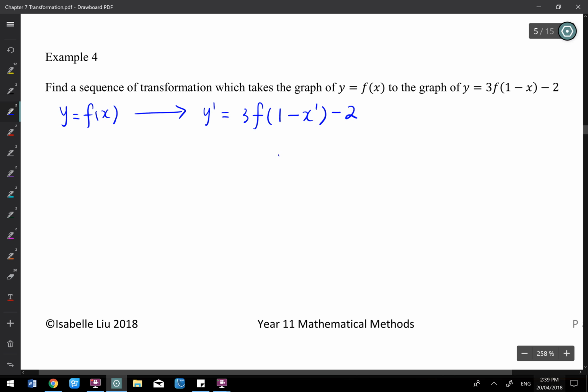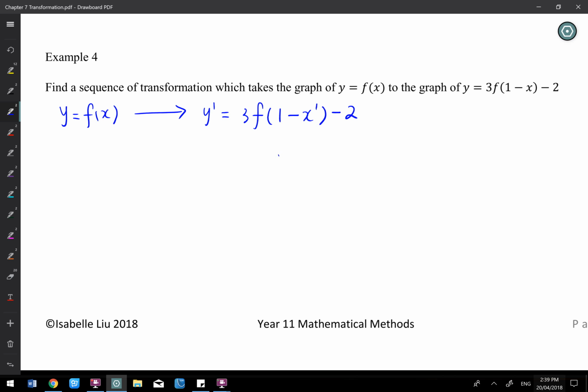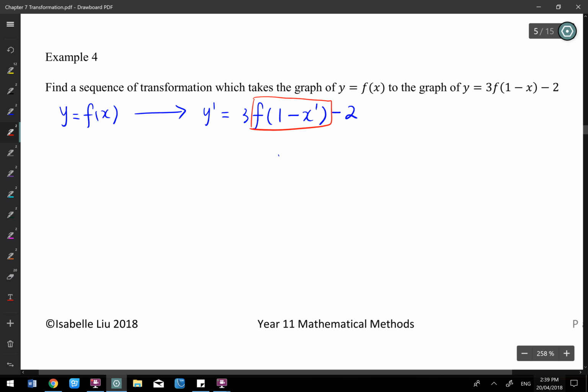This one is not like a square root or square or cubic or cube root. It's not really something given, but it's even easier. The f(x) itself is the rule. It represents some rule. I don't know what rule, but it represents something, and then you put things in the bracket. So the only thing we can leave on the right hand side is this and this for both equations.